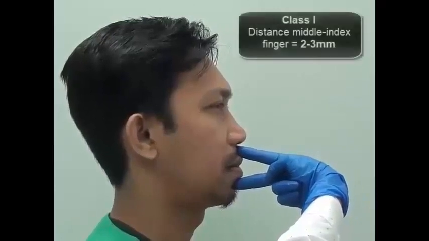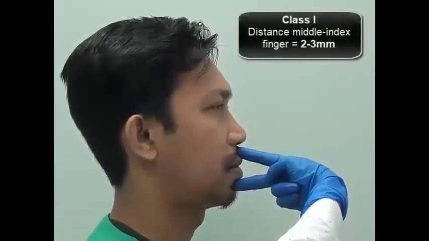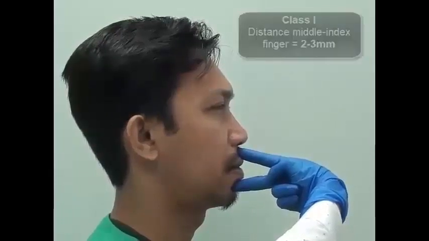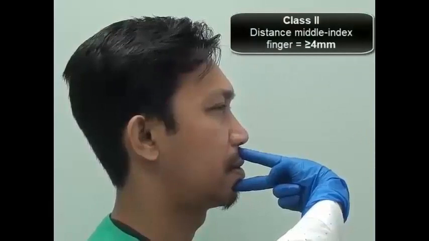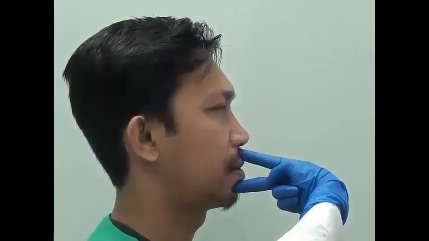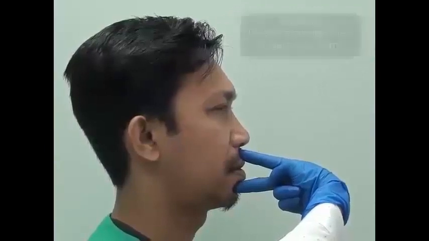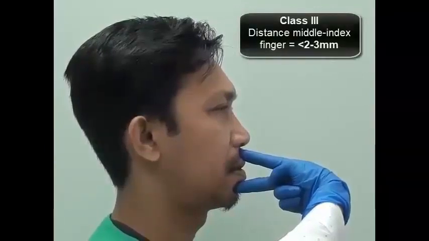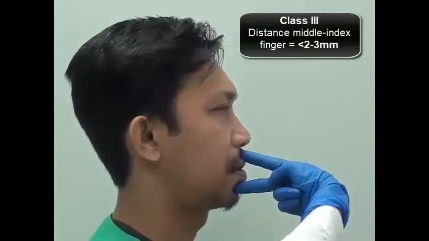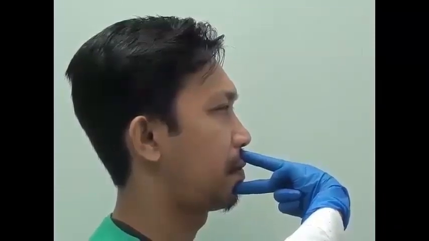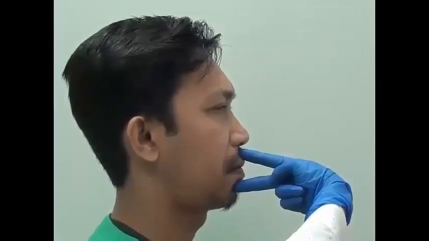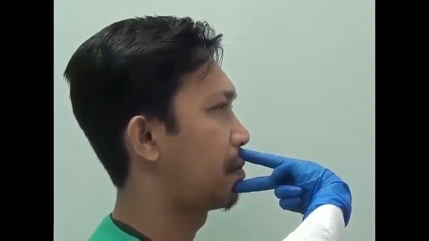For skeletal 1, the middle finger should be 2 to 3 millimeters closer to the patient than the index finger. For skeletal 2, the middle finger is 4 millimeters or more closer to the patient than the index finger. And for skeletal 3, the middle finger is less than 2 to 3 millimeters closer to the patient than the index finger. In this patient, we can see that he is, again, a skeletal 1.